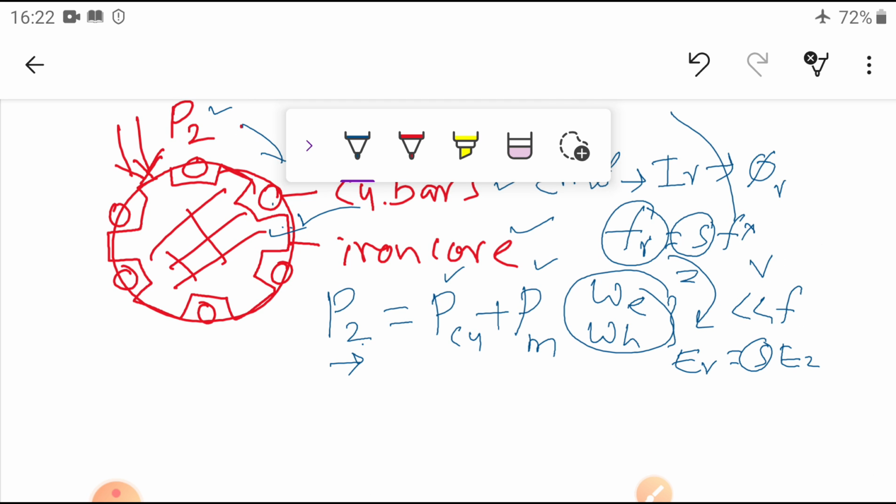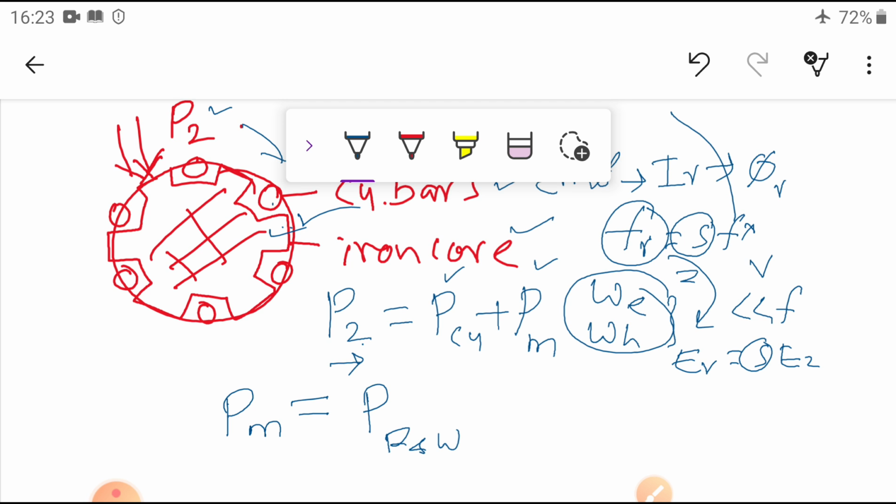Now the mechanical power developed is given to the shaft, which will rotate, and the shaft is placed on bearings. Due to this, some of the power is used for friction and windage losses.